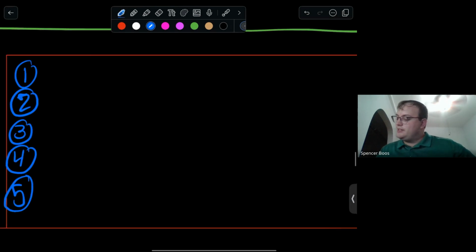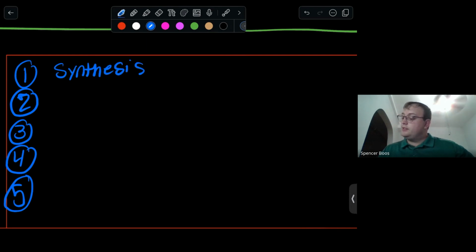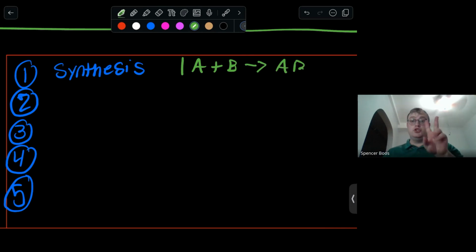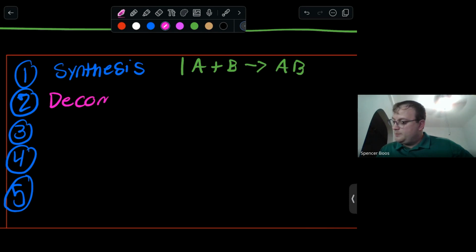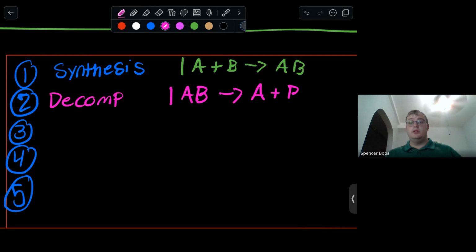You had synthesis. Synthesis reactions had A plus B yields AB. So when 2 or 3 things come together to make one thing. You had decomposition, which was AB breaks down into A plus B, or 1 thing breaks up into 2 things, or 3 things, or 1 thing breaks up into 3 things.